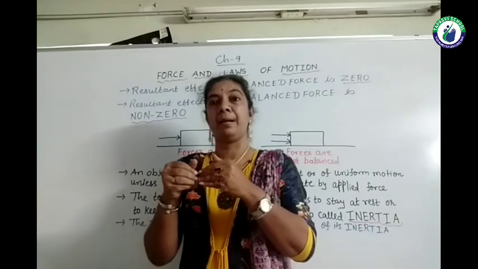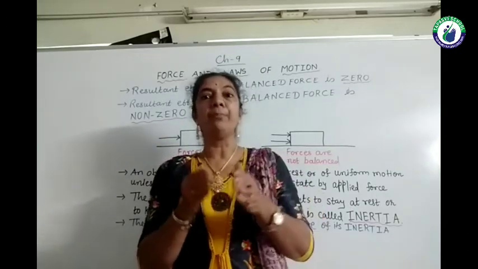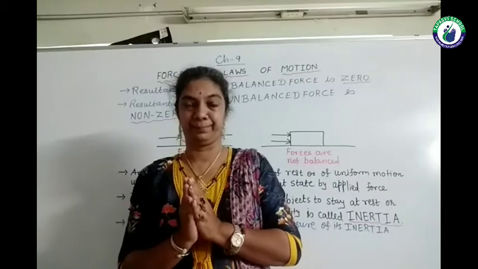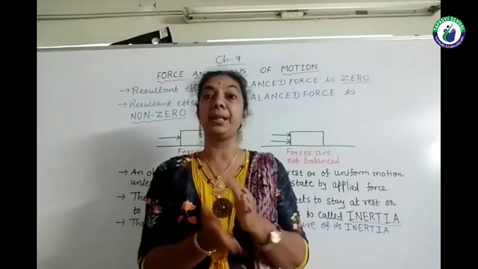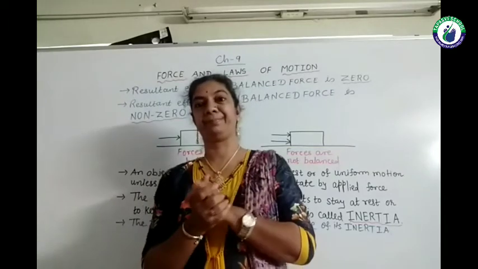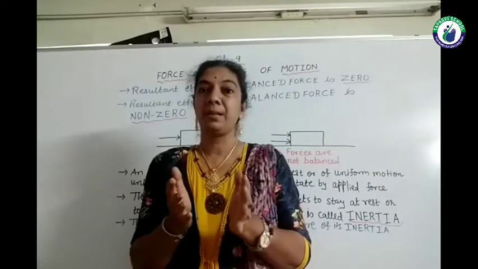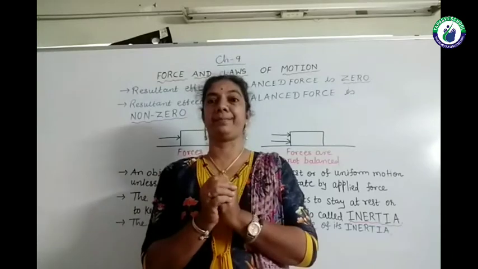If we are getting off from any moving vehicle, and suddenly if we are not running in that direction, then we may fall down. What is the explanation for that?